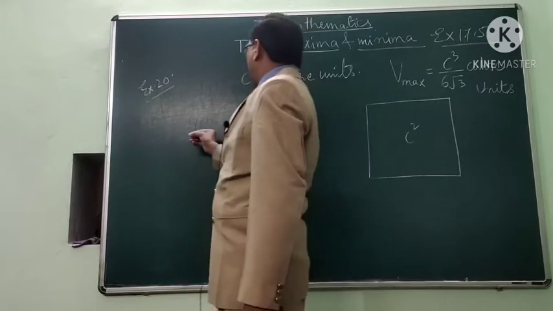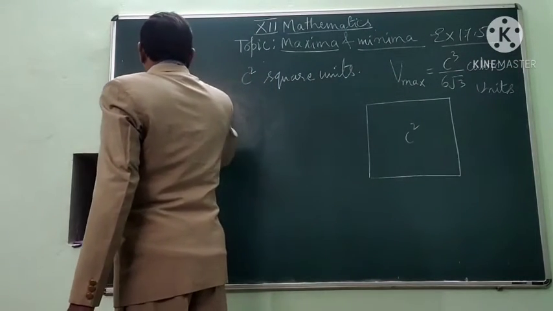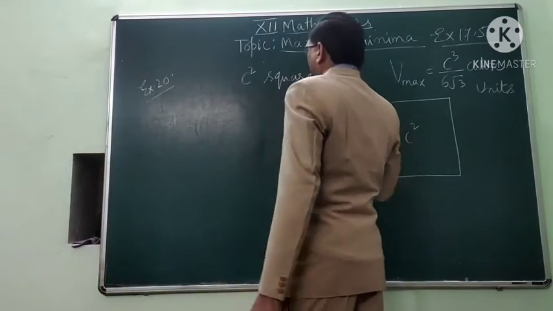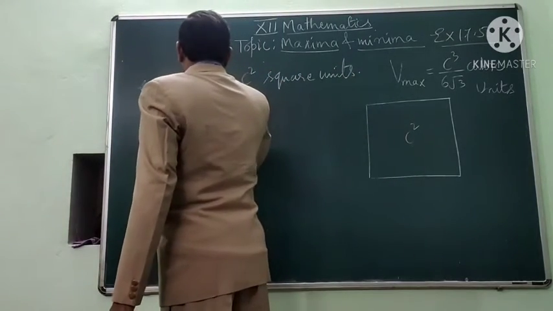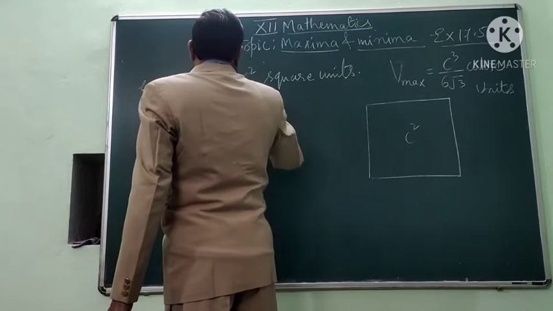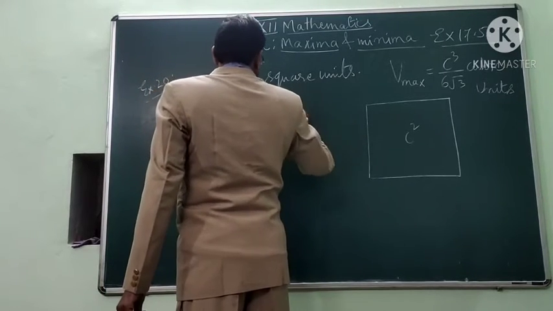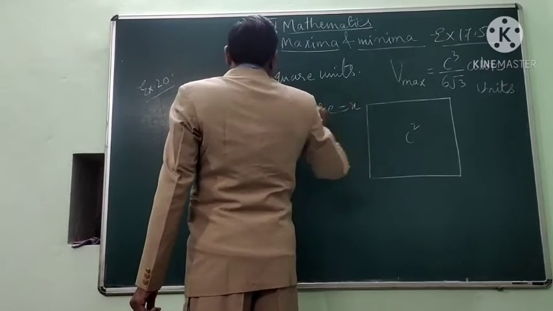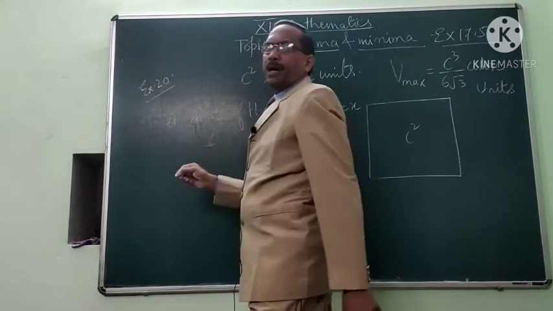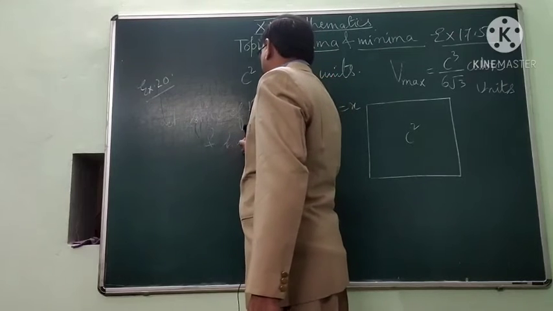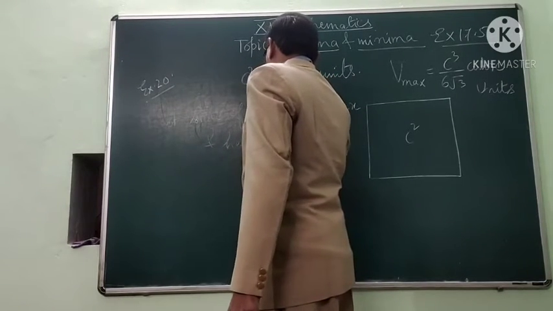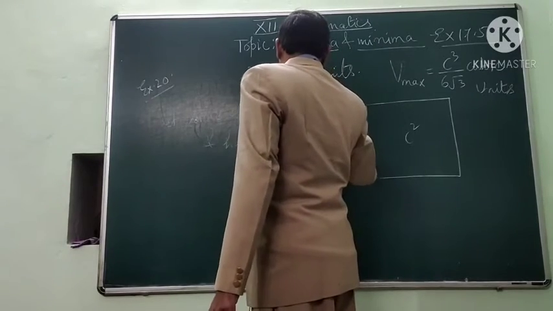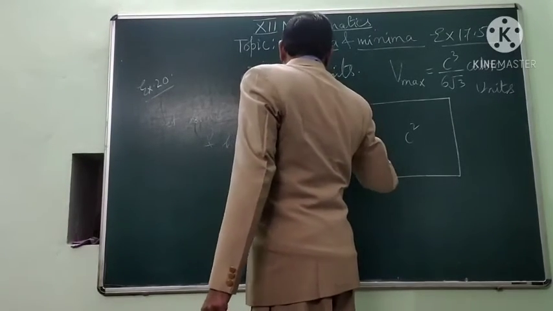So let the side of the square equal x and the height of the box equal y.